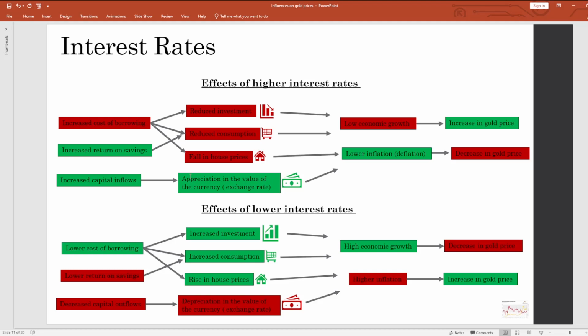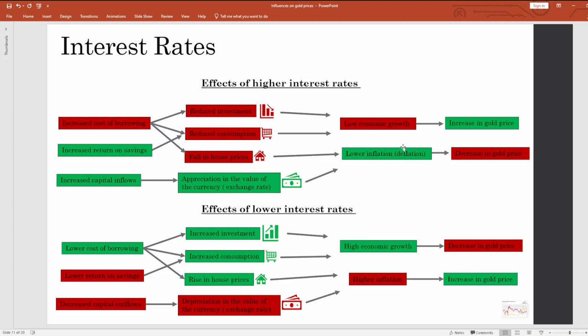There's more people parking their money in country B. So that also is going to lower inflation. That is also deflationary, because if the value of the currency of country B has appreciated so much, it has gained so much strength, that means you can spend less money to buy more things, and everything is going to be cheaper for the citizens in that country.